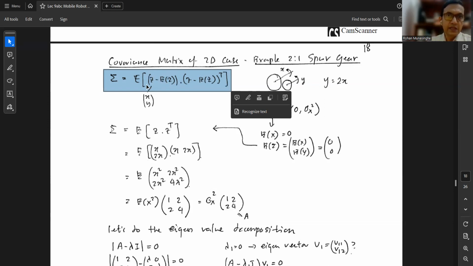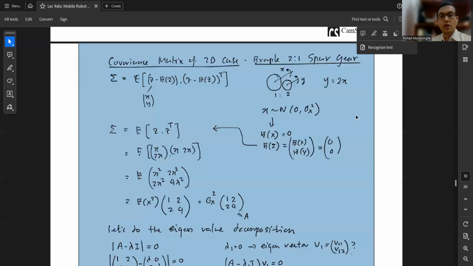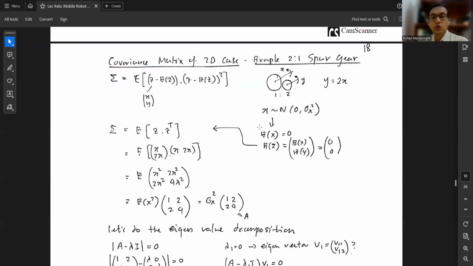Here the Z is the measurement. Now you have two measurements, X and Y. So what is the expected value of X? That is 0. I think you understand that. If I want to turn first wheel to some angle, it actually goes there without any error. So that is why I say expected value of X is 0, which means error, okay, not absolute angle.